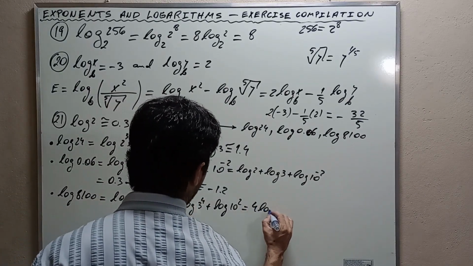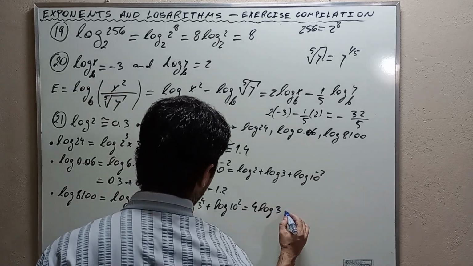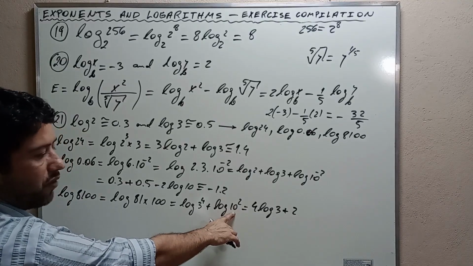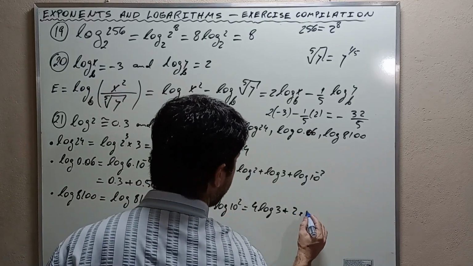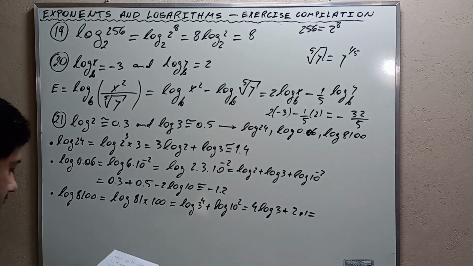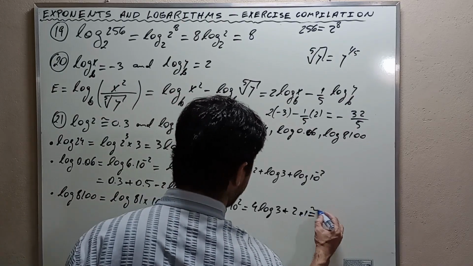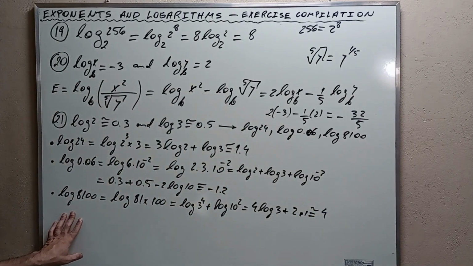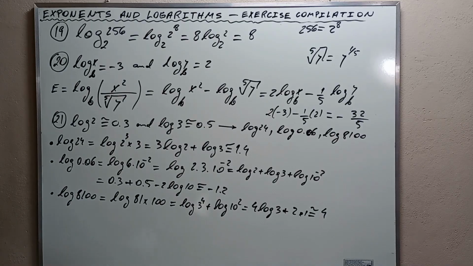It is 4 times the logarithm of 3 plus 2 times the logarithm of 10 base 10, which is simply 1. And then, ultimately, we find that the logarithm of 8,100 is approximately equal to 4.